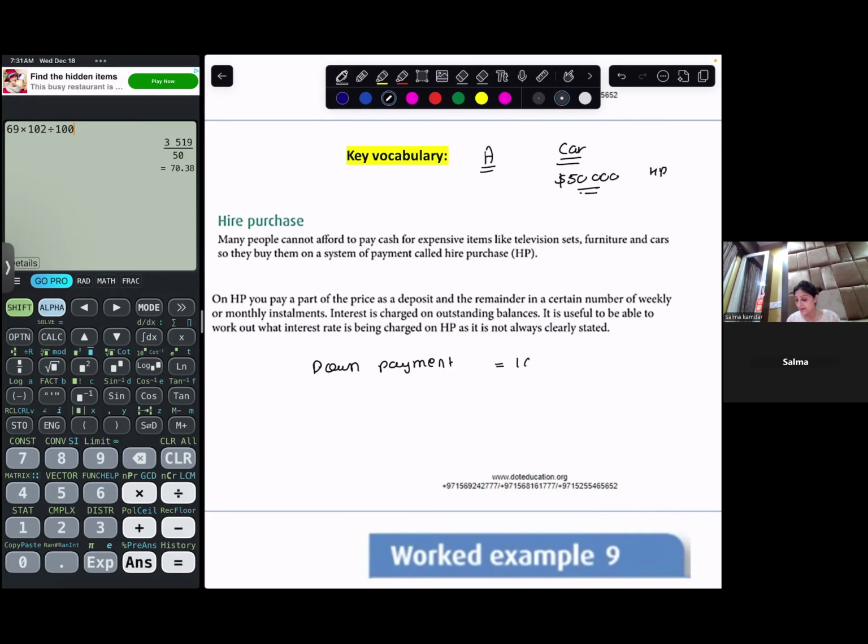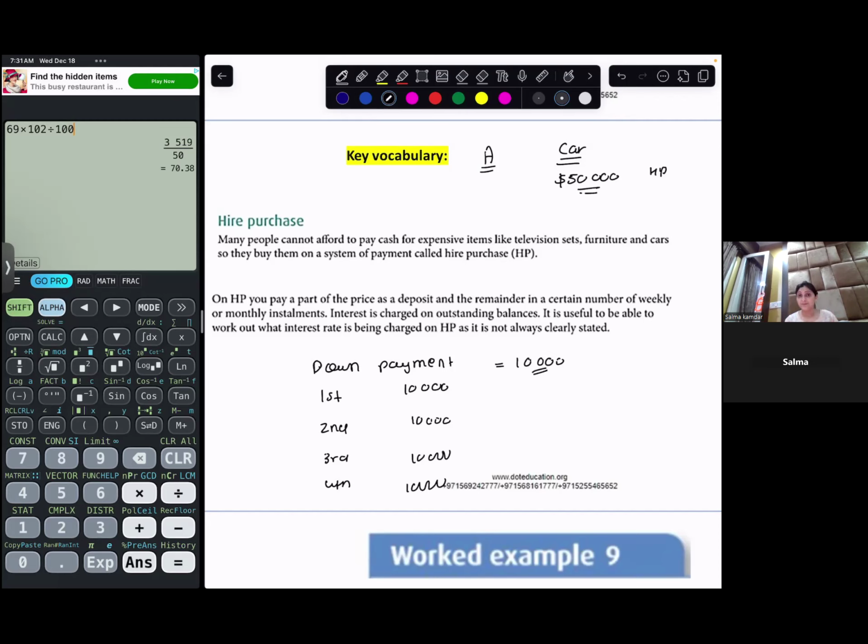Say I make a down payment of 10,000 and then I pay the remaining money in 4 installments. Say I have a first, second, third, and fourth installment, and the installments are of 10,000 each.